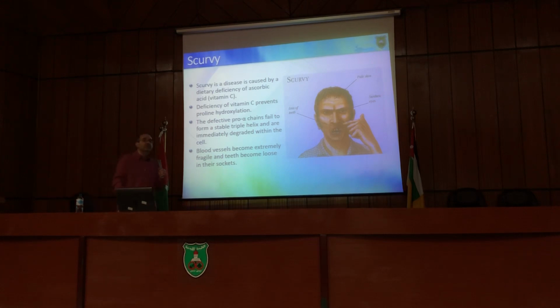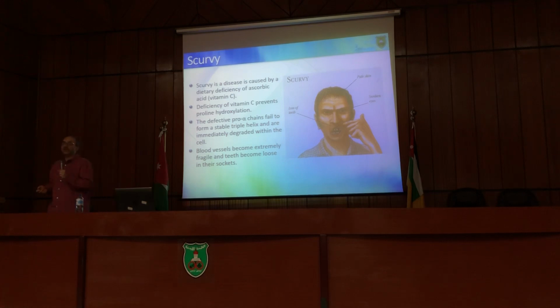Well, fruits contain vitamin C. Vitamin C is important for the function of the hydroxylase enzyme, the proline hydroxylase, the enzyme that hydroxylates proline to hydroxyproline. So there is deficiency in the amount of hydroxyproline in collagen, resulting in formation of weak collagen molecule.